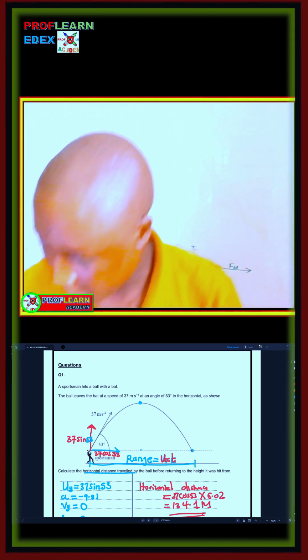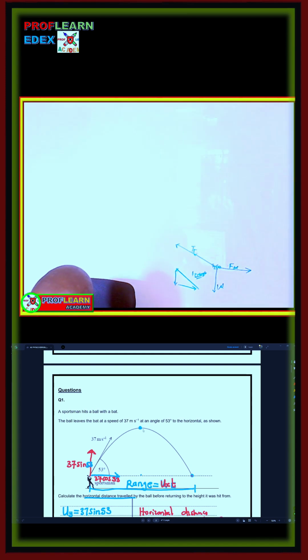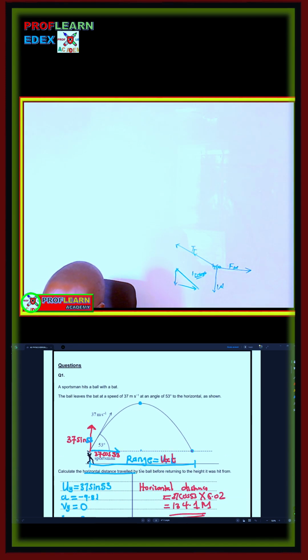Remember that the vertical component is usually affected by gravity, but the horizontal component is not. So if we want to work out the range, we just take the horizontal component, which is 37 cos 53, times the time of flight. Time of flight is the time the object remains in the air before landing.